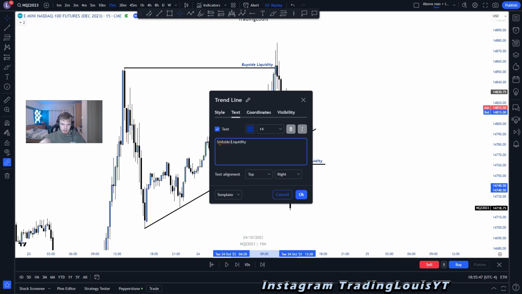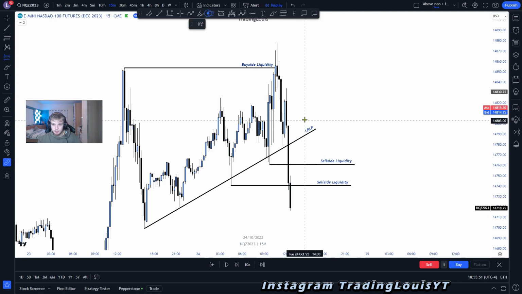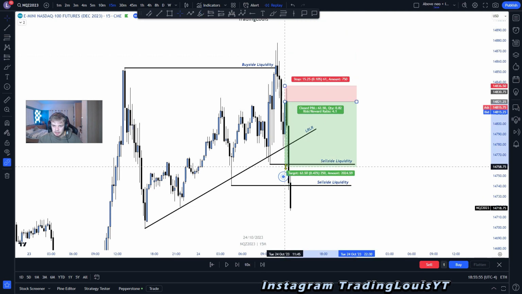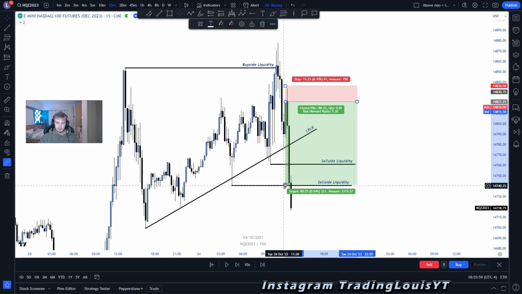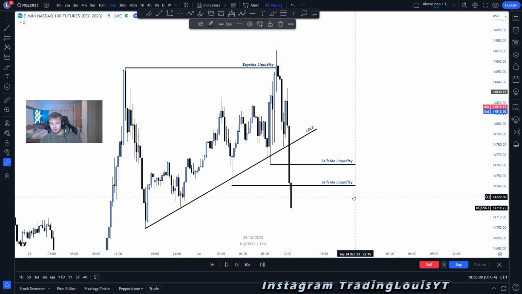So let's say I entered into a short position somewhere here. Where would my target be? My target would be these sell side liquidities. It could be there, it could be there, just depending on my risk. But sell side liquidity and buy side liquidity are the best places to put your take profits once you're in a trade.